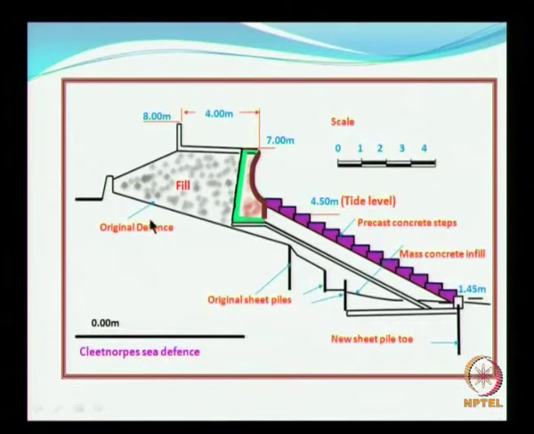Also, please note that there is a small wall here in order to retain the earth which is being filled up in this. We can also have some kind of plantation over here, and because of the existence of the geotextiles, we can cover this whole thing and have plantations here instead of an impermeable wall.